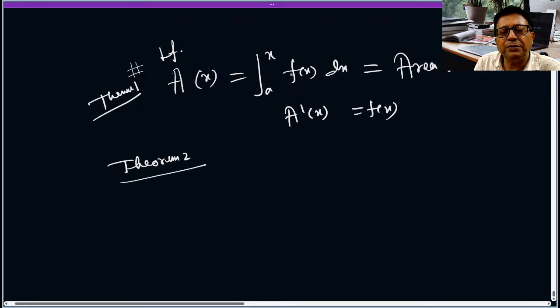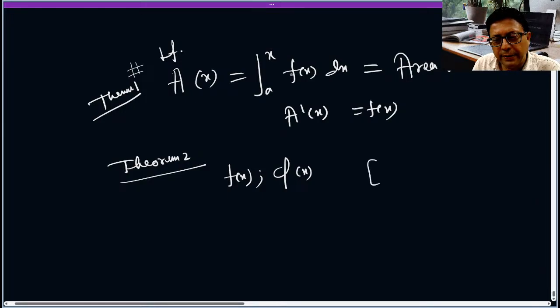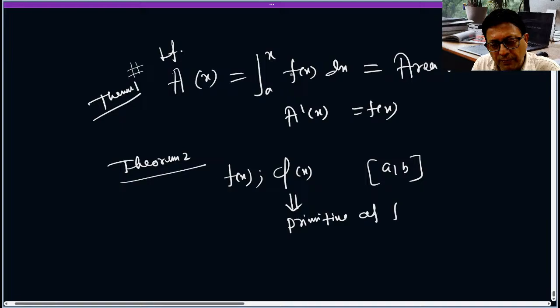And theorem 2, what you did? Function f(x) is defined in a closed interval, say the interval a to b. Both the functions f(x) and phi(x) are defined and continuous over there, and we are referring to phi(x) as a primitive of f(x).